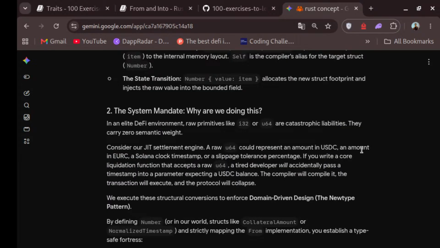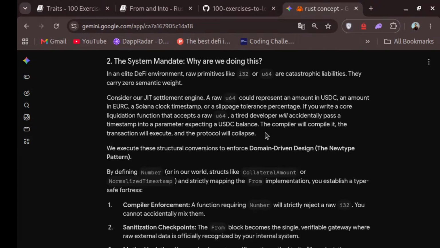So they are saying that if I have raw primitives like i32 and u64, they carry zero semantic weight. Okay, a raw u64 could represent the amount. Okay, it can represent the amount, the Solana clock timestamp, and the slippage tolerance percentage.